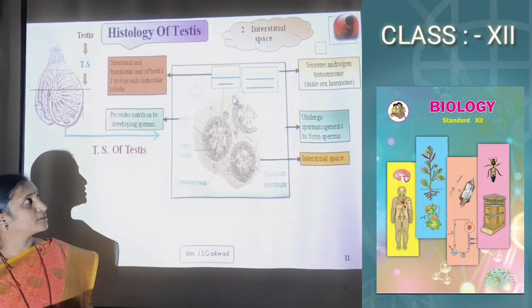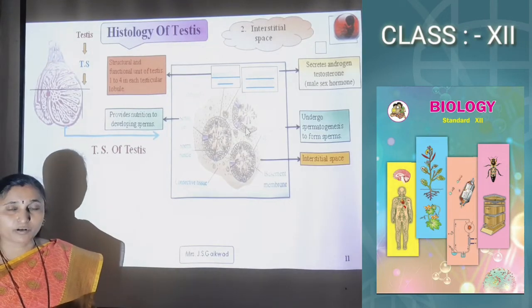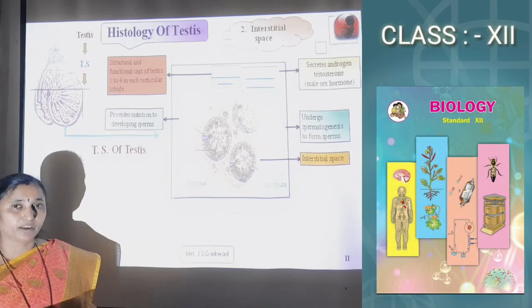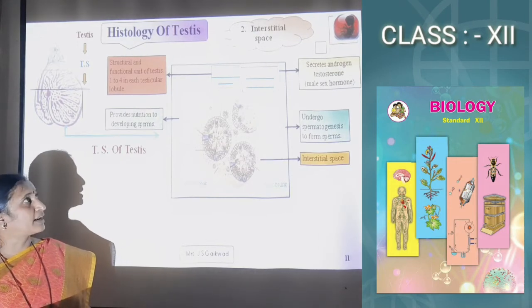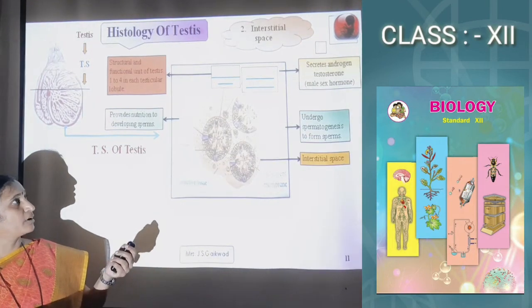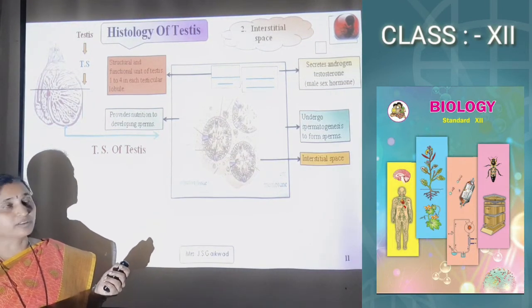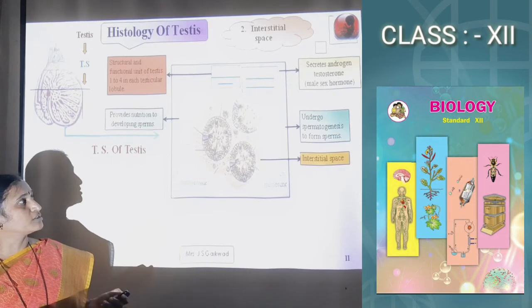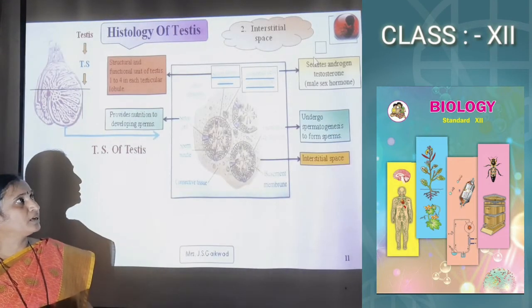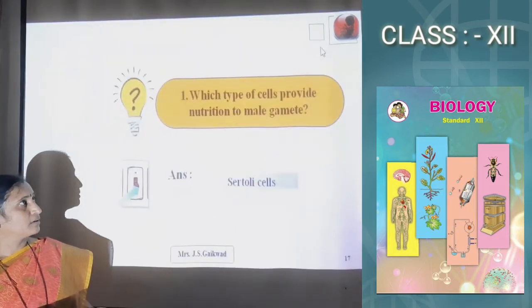In the exam, first you write about the external protective organs: tunica vaginalis, tunica albuginea, tunica vasculosa. Then write about the interstitial space, and then write about the seminiferous tubules. Also, this is the structure concerned with the TS of testes. If something is remaining, see your next lecture.